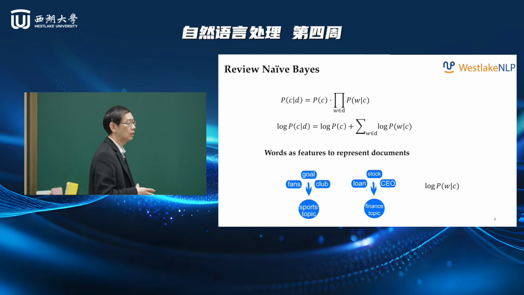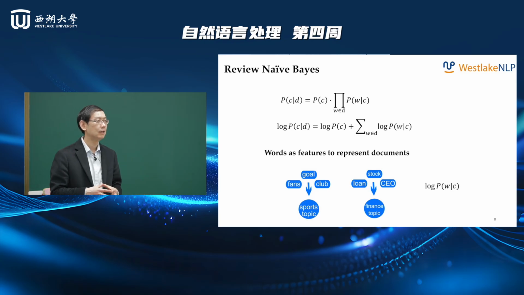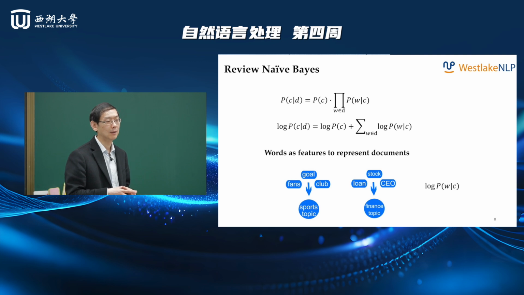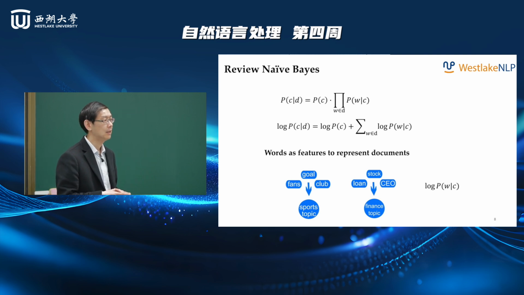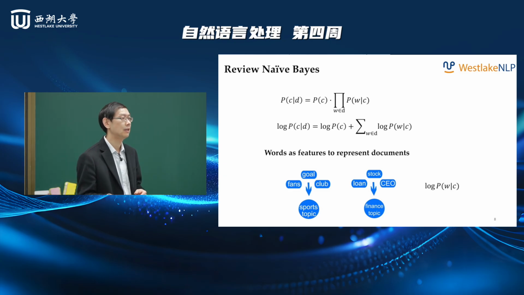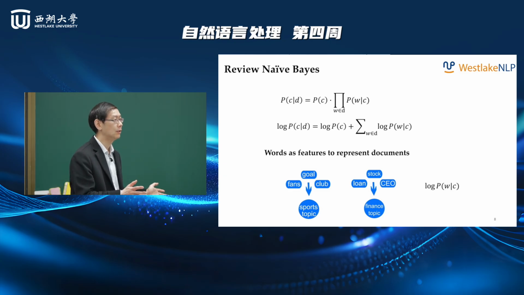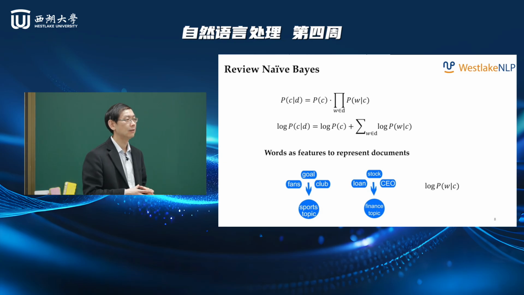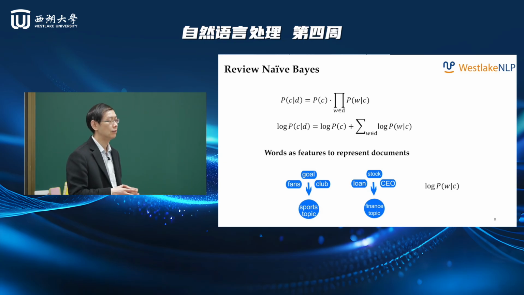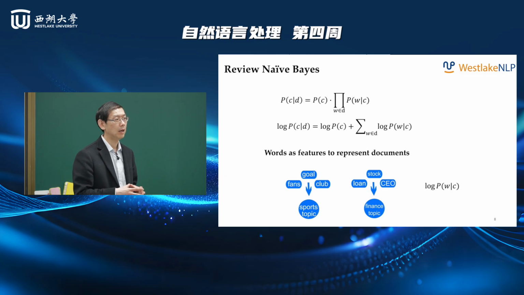If you see a document with a lot of CEO, stock, and market, maybe this is finance news. How do you get that idea? It's because, given finance news, the probability of CEO is high. This is one of the parameters you use.